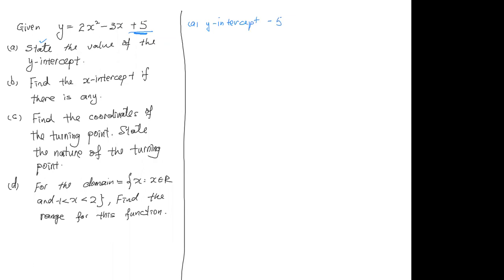Okay. So to find the x-intercept, I put y equal to 0. Before I use any formula to find, what I need to do is I check first. I check my value of this expression b squared minus 4ac.